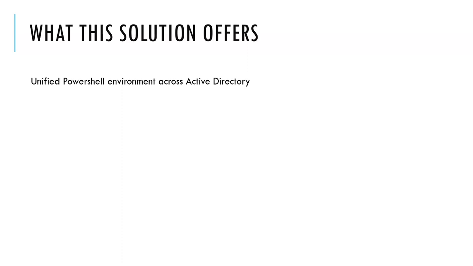Also, you can define some variable, for example, SMTP server, which will contain your current SMTP server in your Active Directory, and use this variable in every script or function everywhere in your environment.